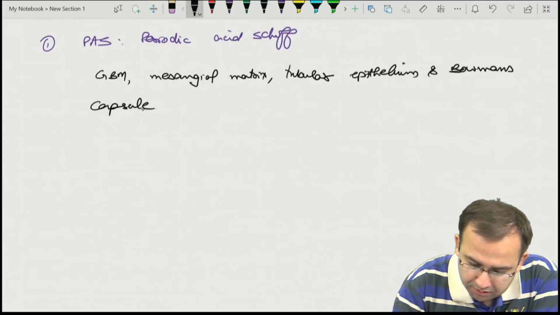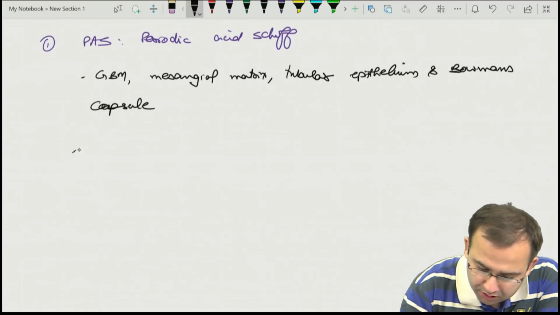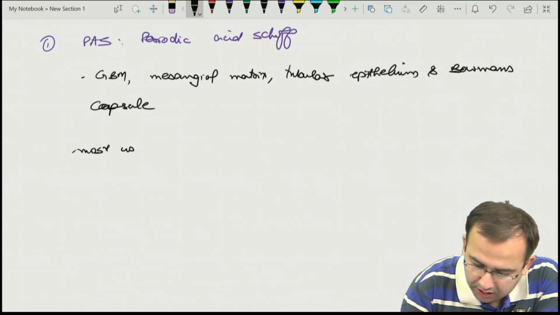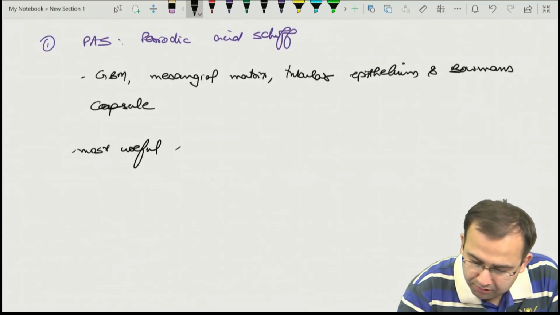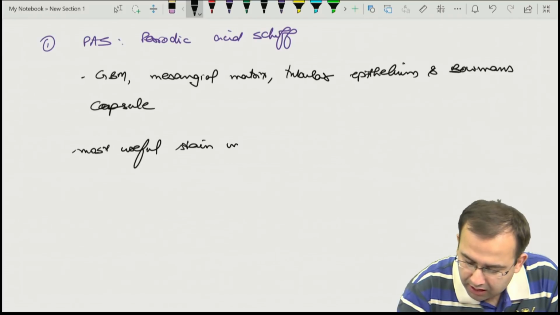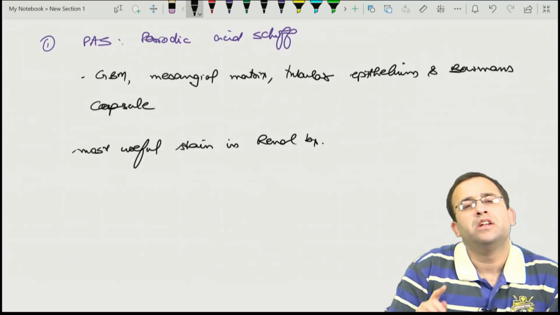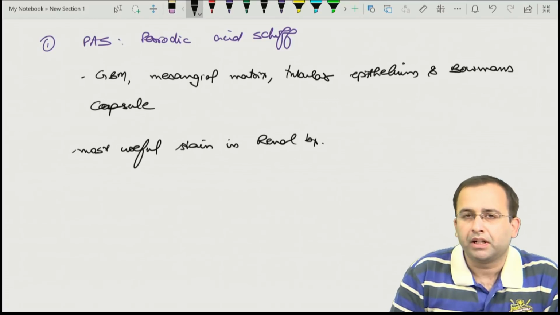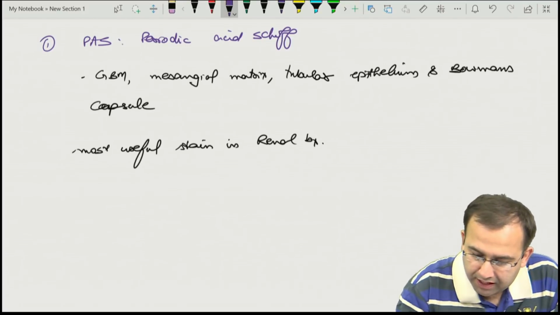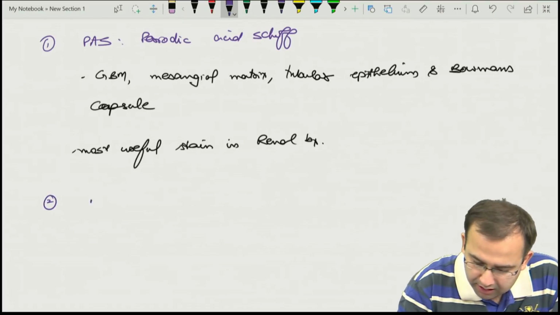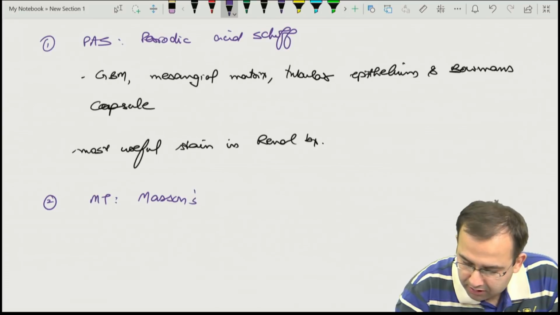It is the most useful stain in renal biopsy. That means if I have to use one stain in renal biopsy, the one that I will be using is PAS, periodic acid Schiff.